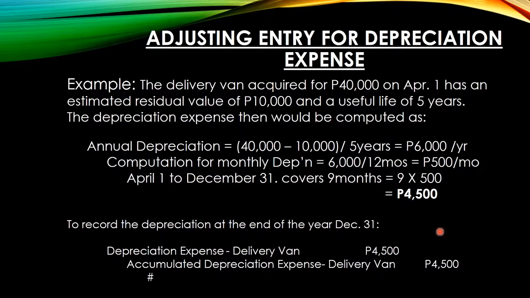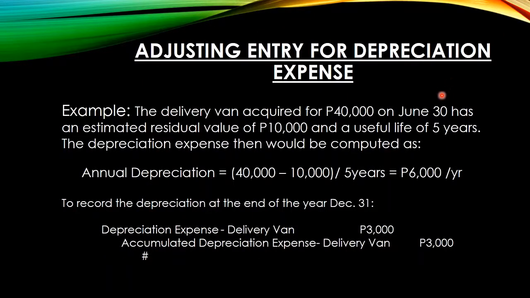Take note, earlier, when we counted April to December, it became 9 months because we included April: April, May, June, July, August, September, October, November, December. But in this one, we did not include June because it is already the 30th day, which is very close to the end of June.